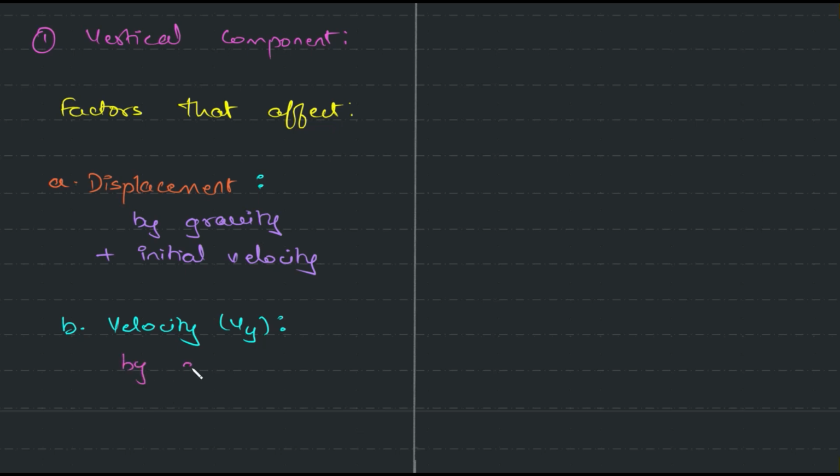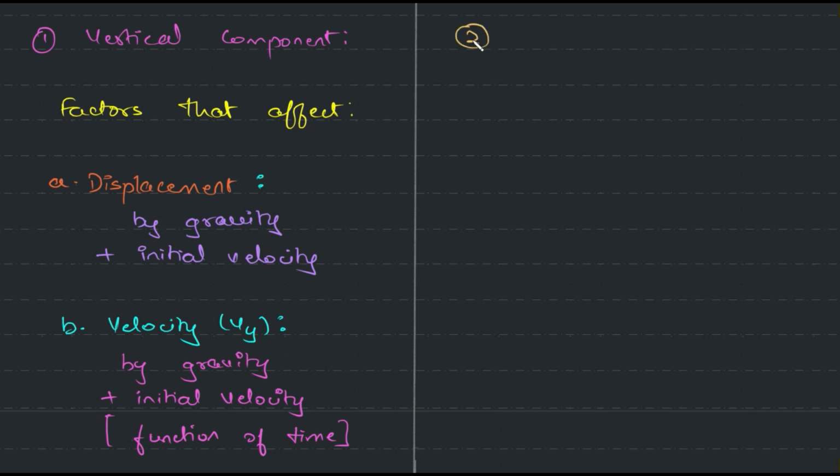Yes, here too we are looking at gravity. And what else? Yes, initial velocity. And of course, by default, it is a function of time. Right, guys? So that is your vertical component.